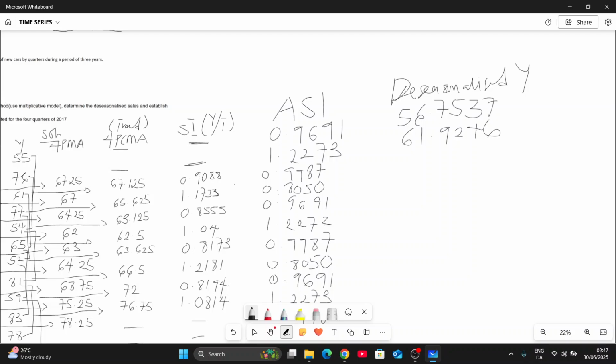Third one was 61 divided by 0.9987, giving 61.0794. And the fourth one, 77 divided by 0.8050, giving 95.6522.